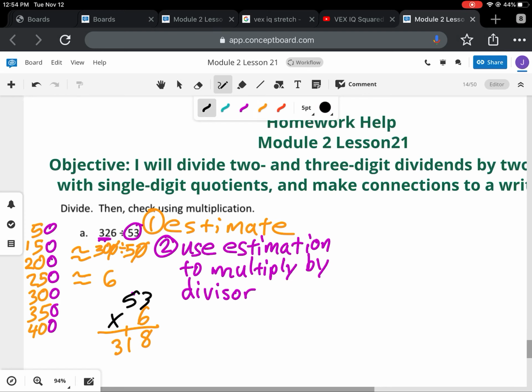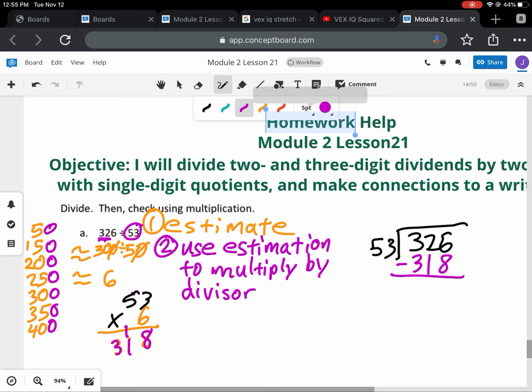So if I look at my dividend, which is 326, I can see that 318 is very close. So I'm going to use that to subtract. And my quotient is a 6 from my multiplication right here.